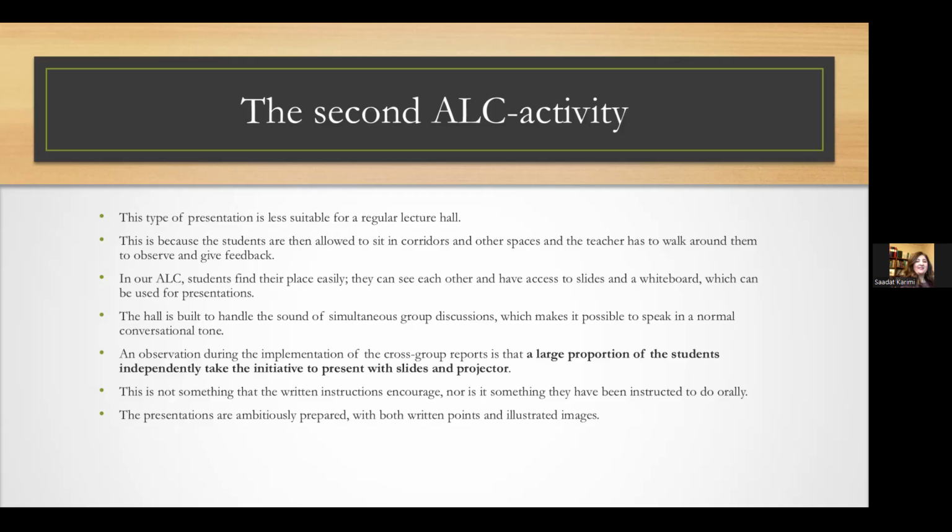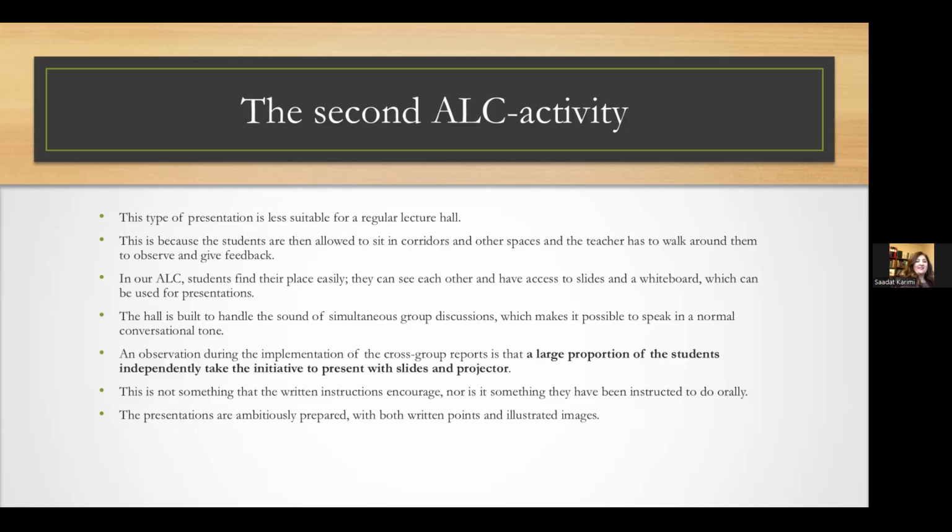An observation during the implementation of the cross-group reports is that a large proportion of students independently take the initiative to present with slides and projectors.